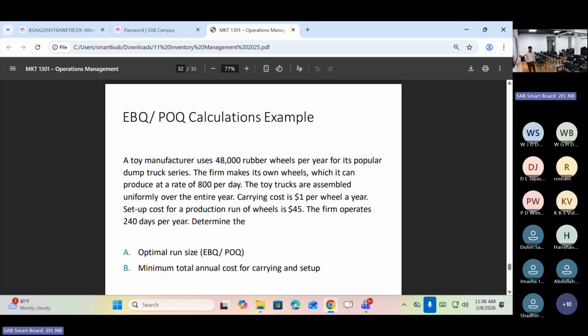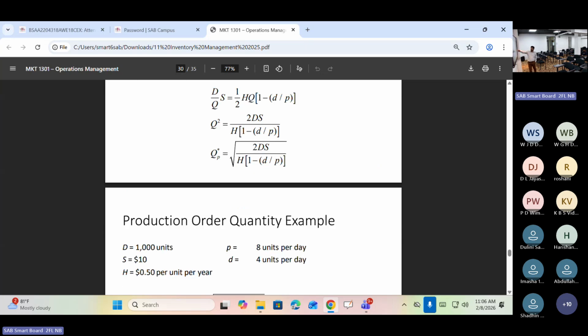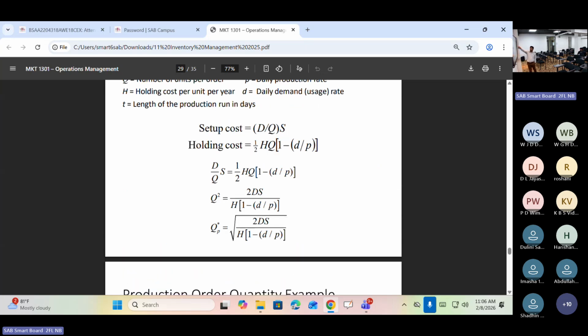Coming to total annual cost for both carrying cost and the setup cost, you use the equations here. To calculate the setup cost, the same setup cost equation can be used: D divided by Q, the Q that you identified, into setup cost. And holding cost: when you decide the average inventory, you have to use this equation.